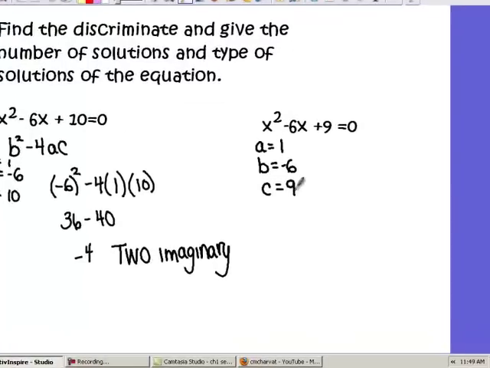Now we actually did this problem in the notes already, and you know what the answers are. So let's use the shortcut to see if it actually works. So b squared, we have -6 squared minus 4ac.